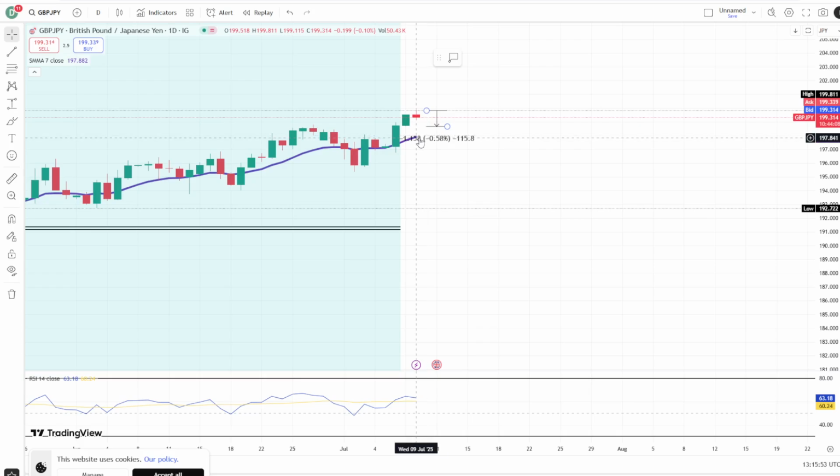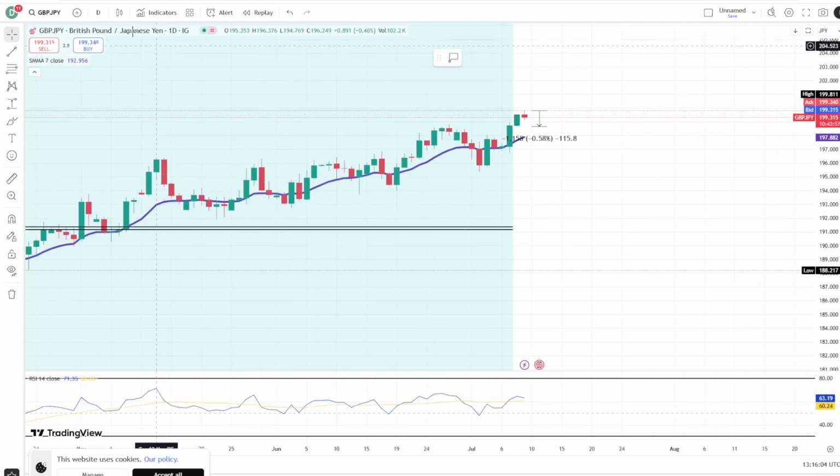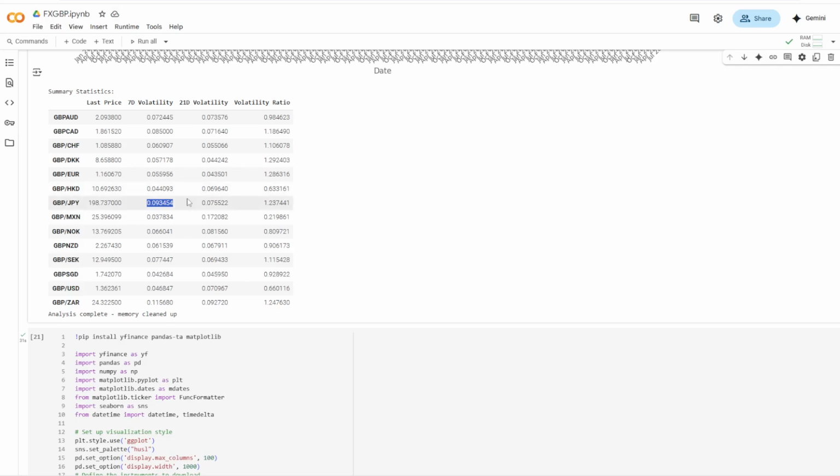So you will position and size the thing probably wrong, and you will be mismanaging your trades, evidently. So we can do this work for each and every currency pair.